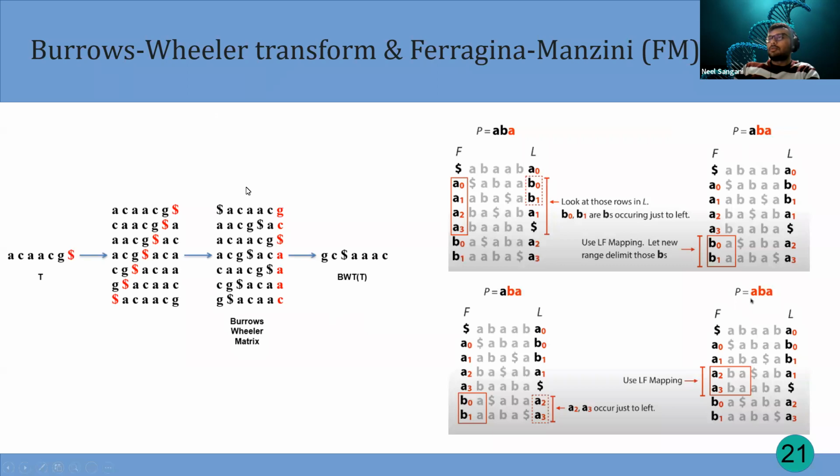So quickly going over the BWT transformation and FM index. BWT transformation is, suppose you have a read, some sort of sequence that you want to align to the genome. In order to do that, you first have to transform it into the BWT, and this is the method that you can do the transformation. This is a more compressed format because it does the alphabetical sorting, and this way it uses less space.